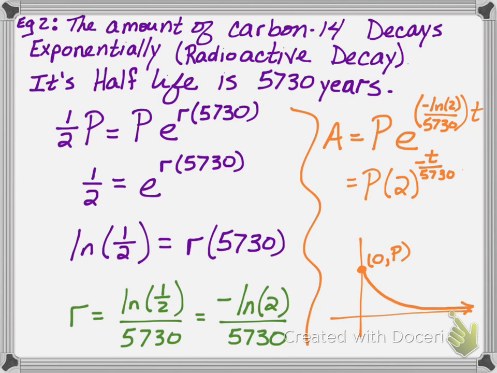Our other point would be here, (5,730, 1/2 P). Notice that y equals 0 is our horizontal asymptote, which means that the amount of carbon-14 actually never goes to 0. It just gets closer and closer to 0.